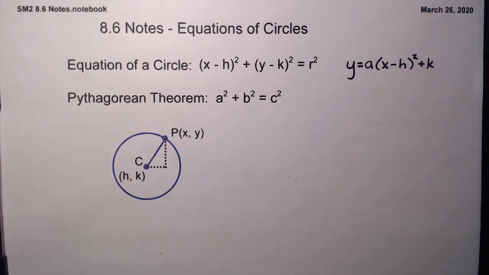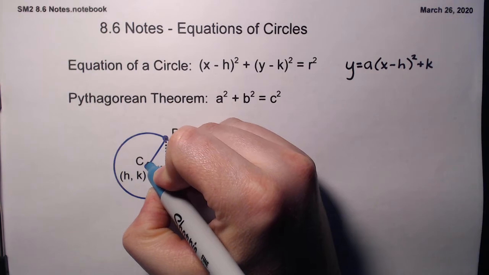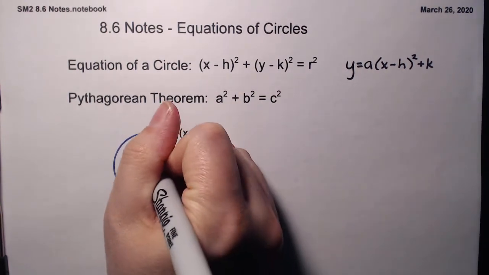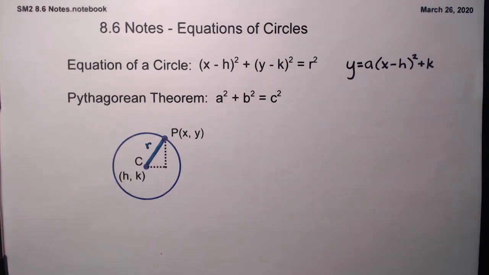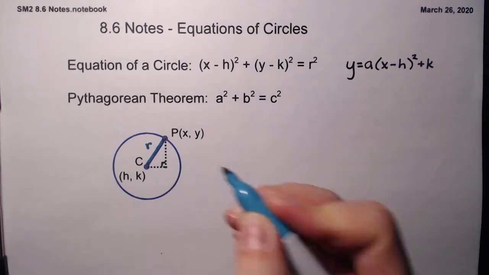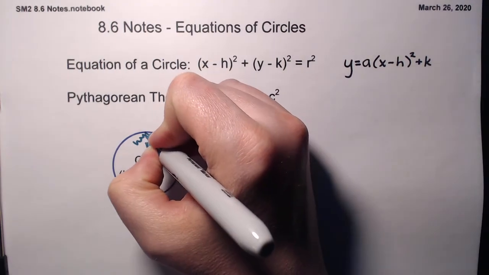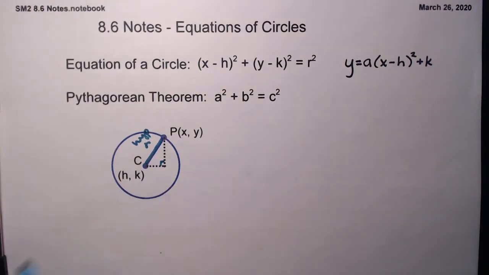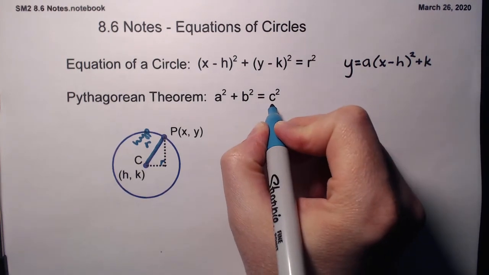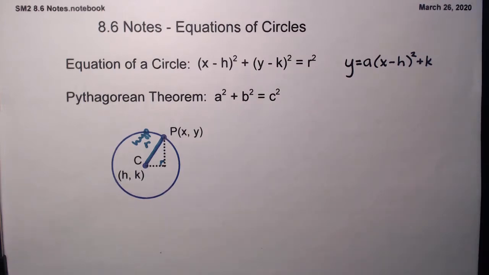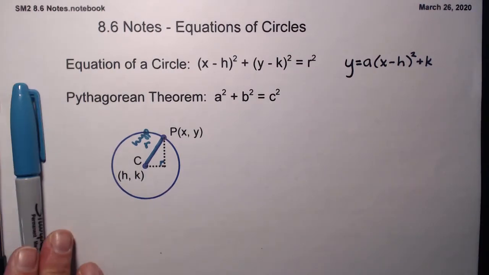So this piece is the radius. It's also the hypotenuse of the right triangle, because this is a right triangle. So the hypotenuse is represented in this case with r. So that's the c squared. We'll come back to that one in a second.